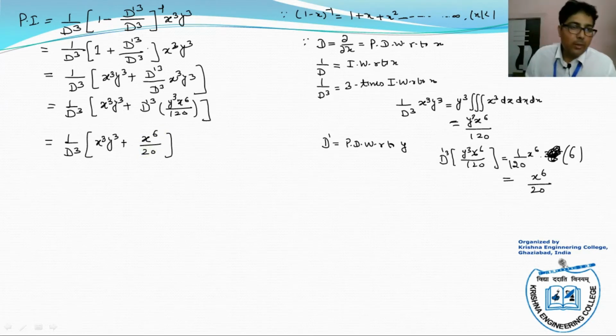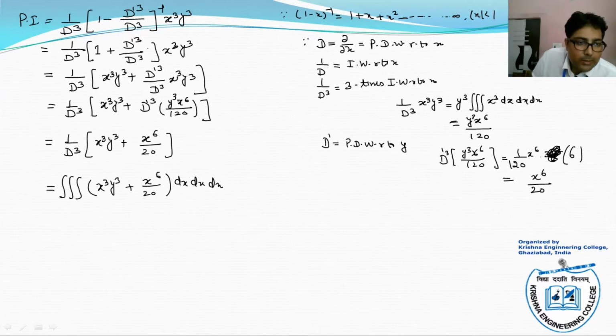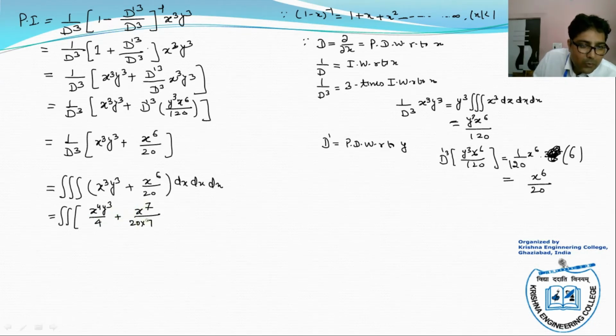Again 1 upon D cubed means integrate 3 times with respect to x. So this is integration 3 times with respect to x of x cubed y cubed plus x to the power 6 upon 20, dx dx dx. Integrate partially with respect to x, right? Integration the first time becomes x to the power 4 y cubed upon 4 plus x to the power 7 upon 20 into 7, dx dx.